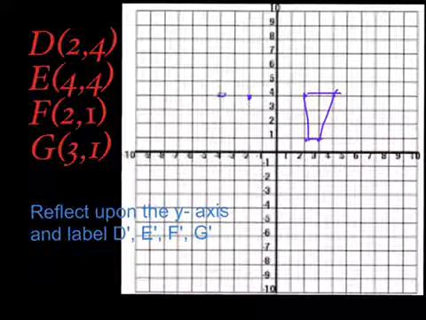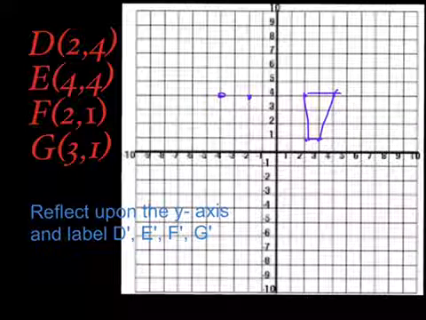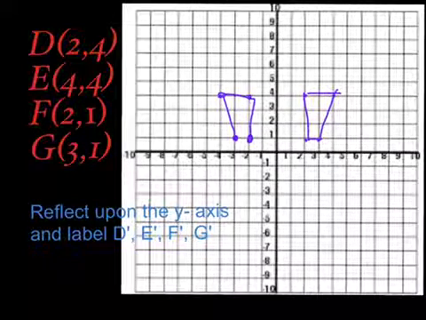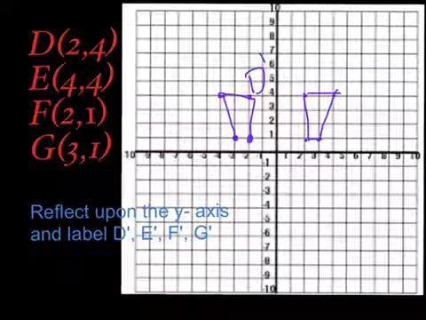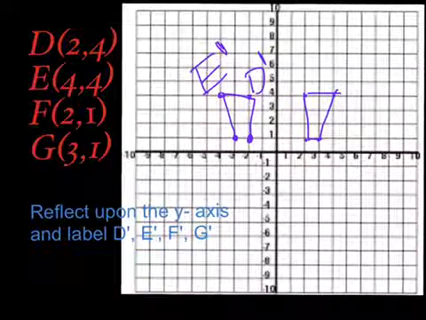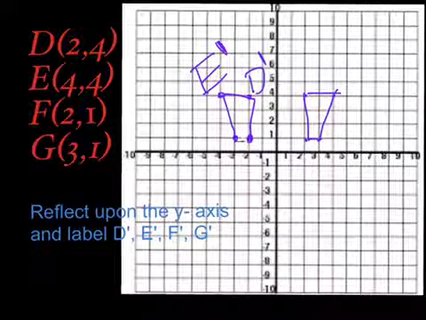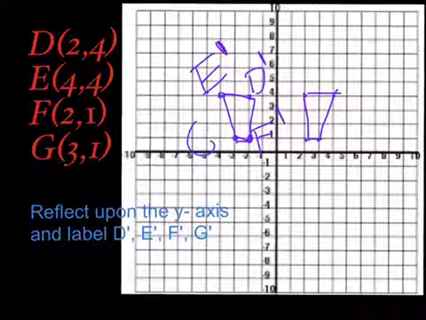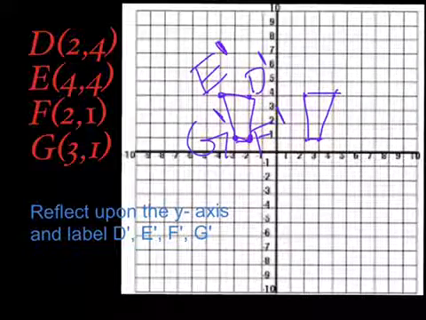And then just so on. You see, it ends up doing that, like that. Boom, boom, boom. This would be D prime. This would be E prime. Oops, I forgot to put that one there. Okay, this would be F prime, and this would be G prime.